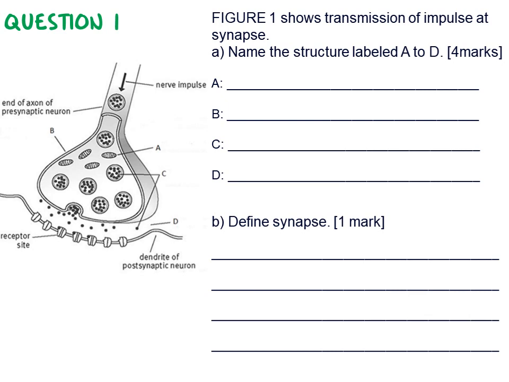On the presynaptic neuron, we have the label A, B, C. Okay, and it shows the nerve impulse coming. And then we have a narrow region, a gap between the neurons, this region called D. So the question is, name the structure label A, B, C, and D.